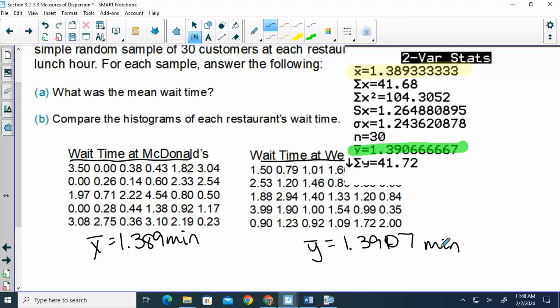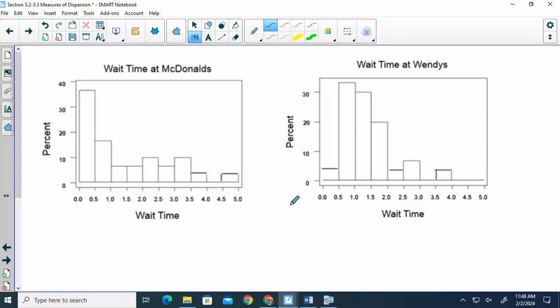If we had drawn a histogram for each of those, so if you look at your next slide, these are the histograms. What do you notice if you look at those histograms? Any thoughts? Do they look like it's the same wait time at both from this?